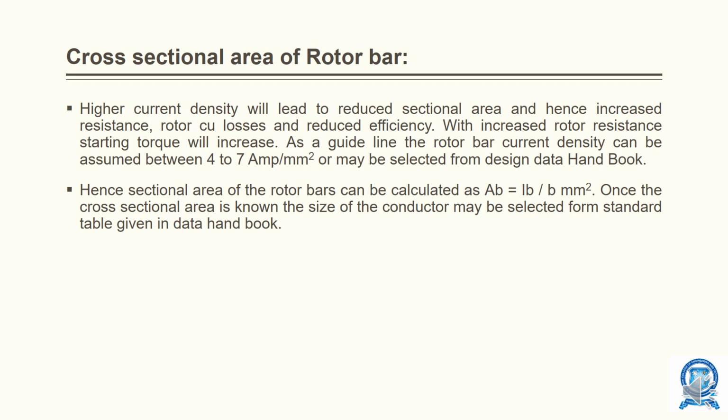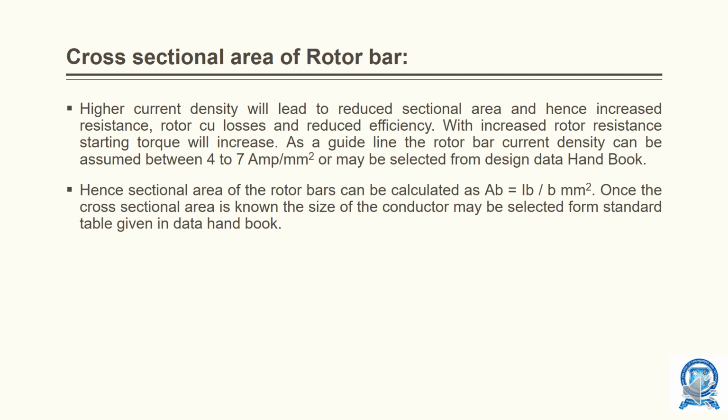Hence, the cross-sectional area of rotor bar can be calculated with the help of the current density. A value of current density needs to be chosen, and with the help of that we can calculate the cross-sectional area required for the rotor bars. So area of rotor bars is equal to current divided by delta. Okay, so you will be getting the value.